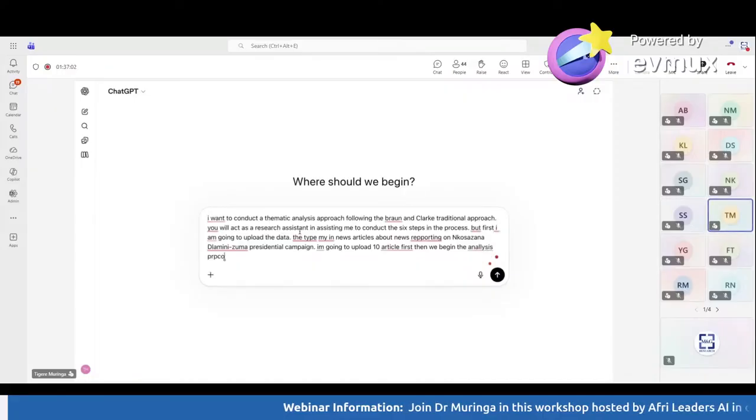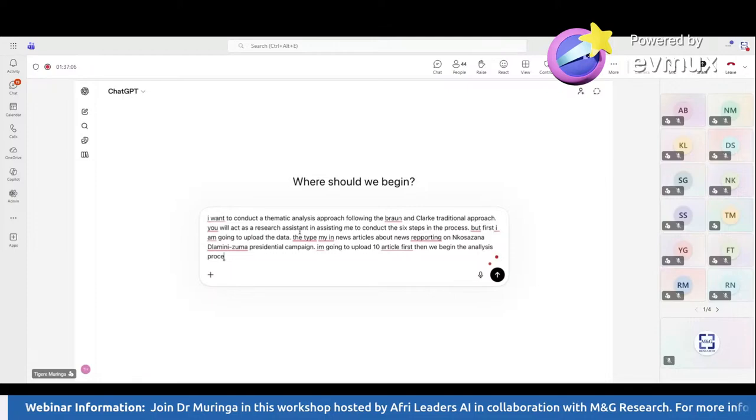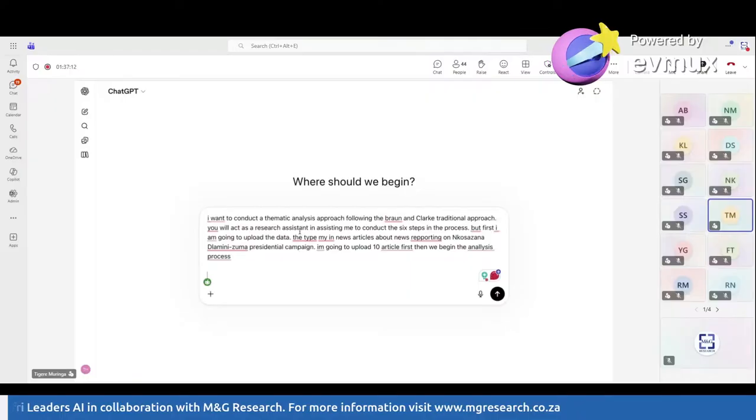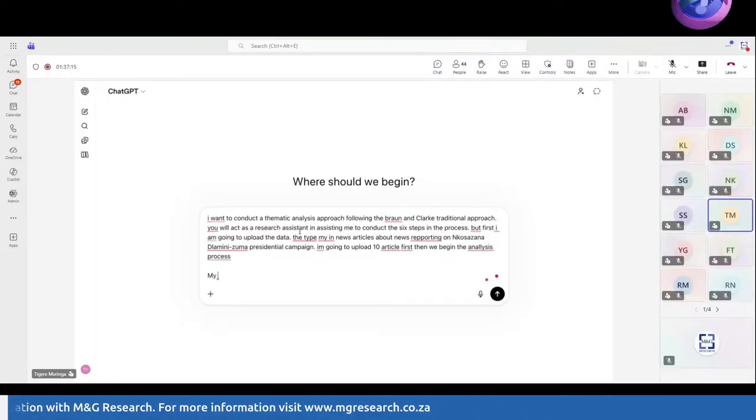What I want to do is give this platform the study information, so that we give it context.